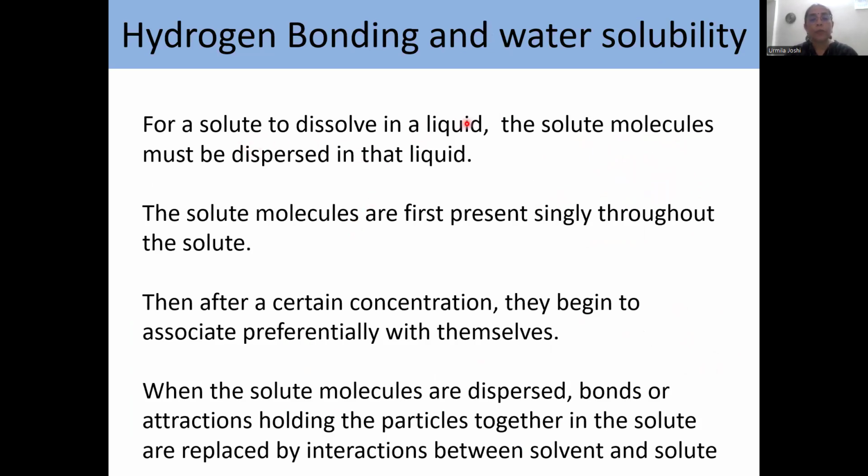If a solute has to dissolve in a liquid, the solute molecules must be dispersed in that liquid. They should not coagulate together. So when a solute dissolves in a solvent, the solute molecules are present singly throughout the solvent.